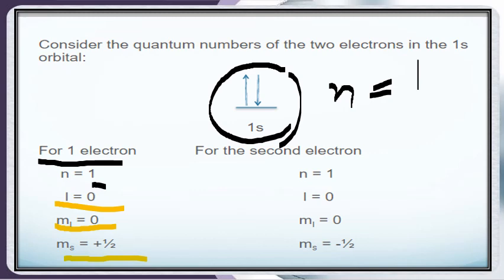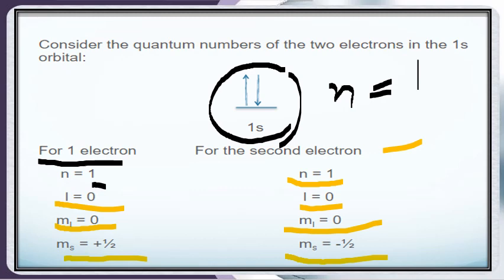For the second electron, you will write n is the same, that is 1, L is also the same, m is also the same, but the difference is that this one is moving in the clockwise direction around its own axis. Okay, now you can see three quantum numbers are similar for a pair of electrons residing in one orbital, but the fourth quantum number will be different.